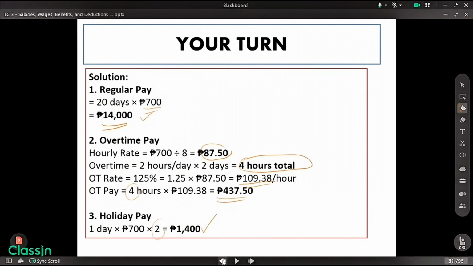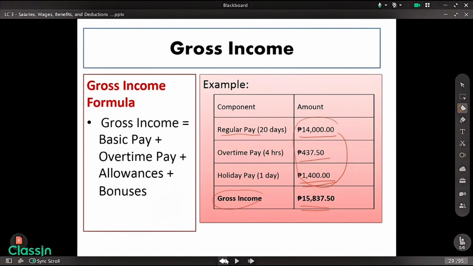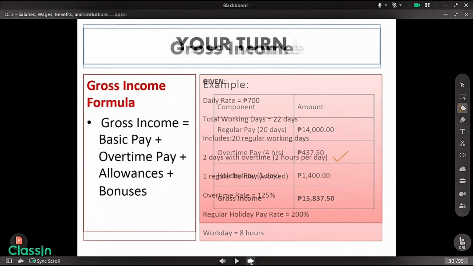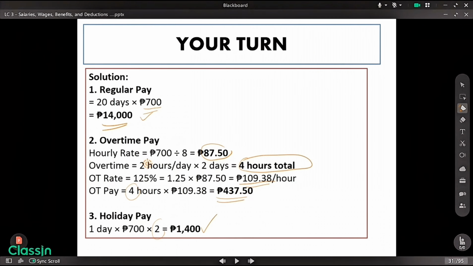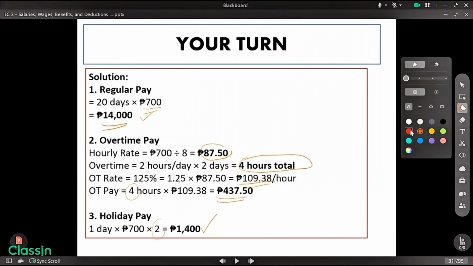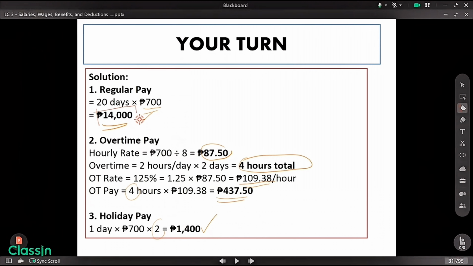For gross income, actually, in this activity, the gross income is 15,837.50. To get that, add 14,000 pesos, 437.50, and 1,400. So let's do this one.